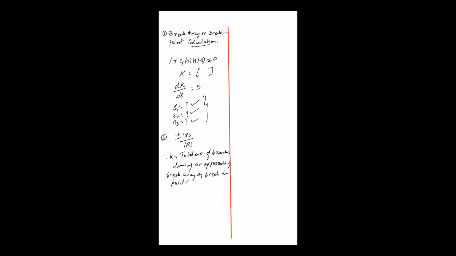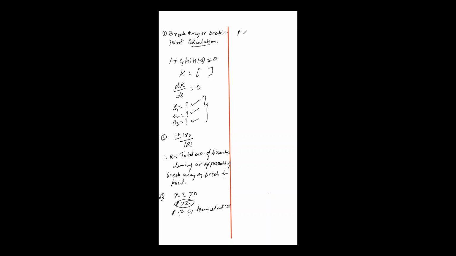So this is the second formula. Third formula, what we have seen is, if p minus z is greater than 0, that means poles are greater than zeros, then p minus z number of branches will terminate at infinity.